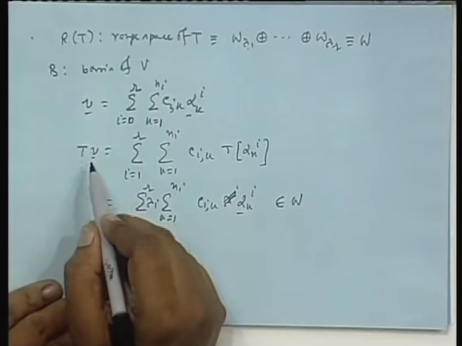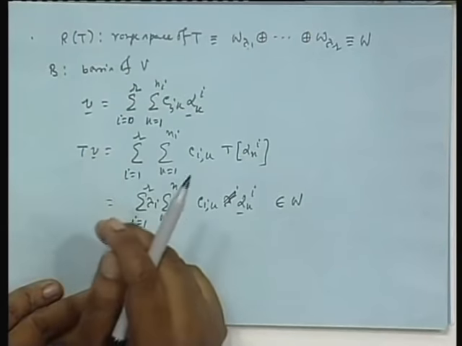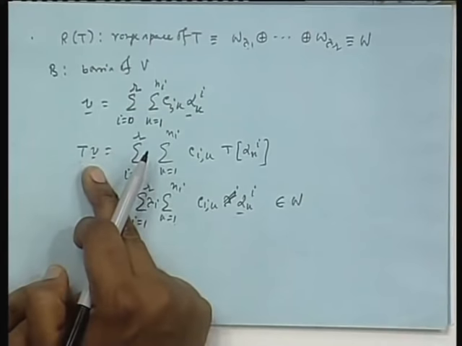Because if you consider the range space of T, any vector there can be written as some T v.